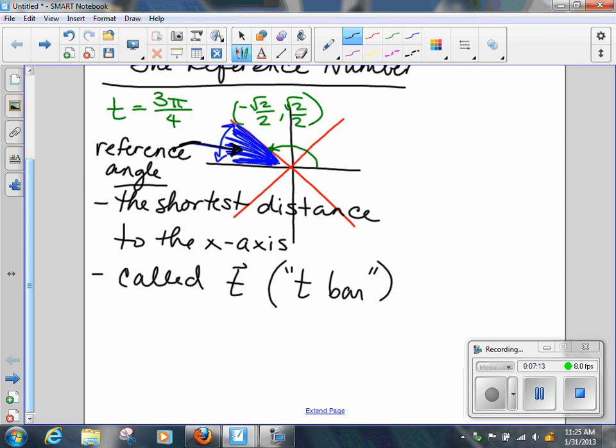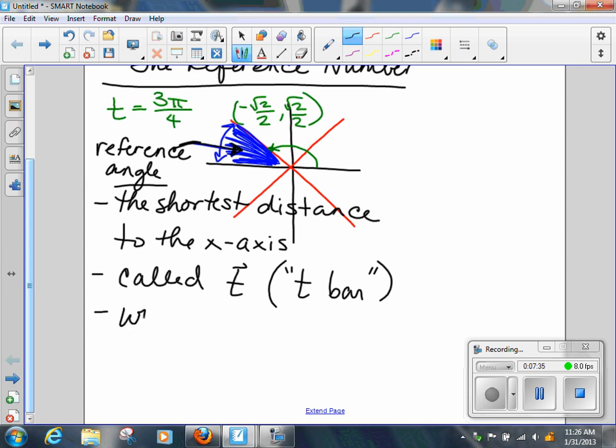Okay? T-bar. Now, it is the shortest distance to the x-axis. Can the reference angle be negative? Who said no immediately? Somebody said it out loud. Why, Kelly? Because you can't have a negative distance. Okay?